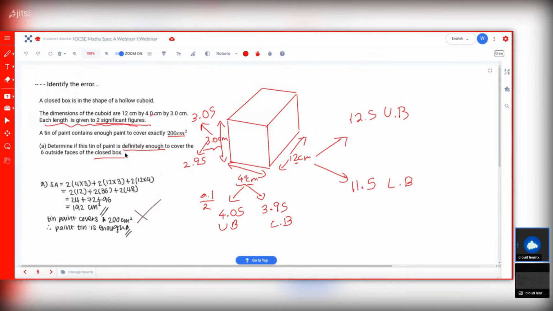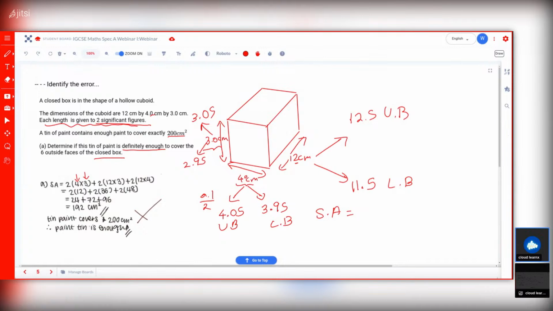Okay, so determine if this tin of paint is definitely enough to cover the 6 outside faces of the closed box. Now the next question is, do you go for the upper bounds of the surface area or the lower bounds, right? So what do you use? You want to know if the tin of paint is going to be sufficient to cover the entire cuboid.